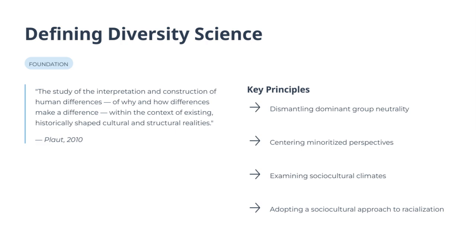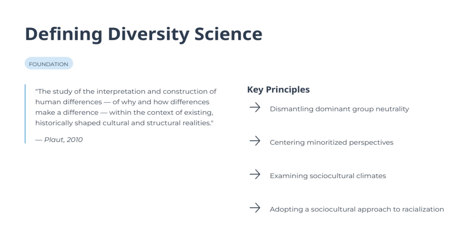It's important to recognize that the idea of neutrality often masks inherent biases and power dynamics. Instead, we should critically examine how these dominant groups influence societal structures and perceptions. According to Plaut in 2010, understanding human differences involves studying how and why differences matter within the context of our culturally and historically shaped realities.